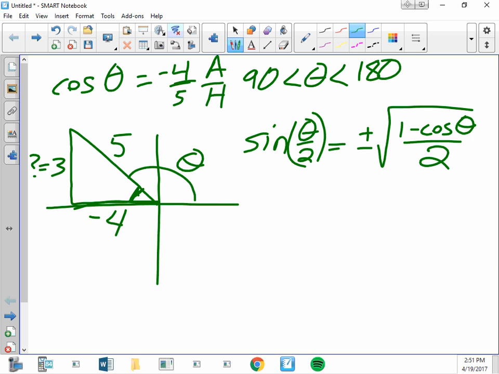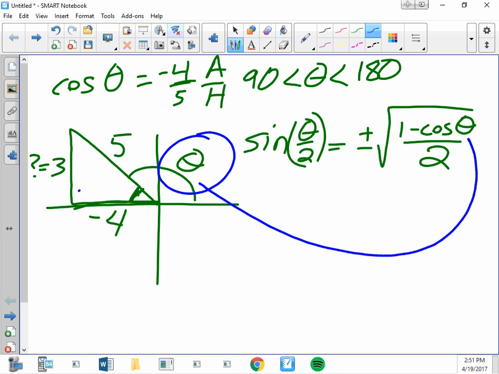So Ashlyn, to answer your question, why do we draw this triangle? This triangle uses theta, and we put theta in here to give us the one that we don't know. We'll have to find that out. We just haven't done it yet.